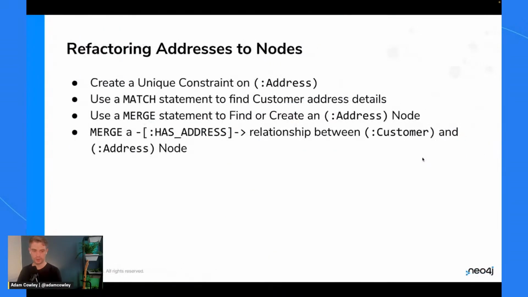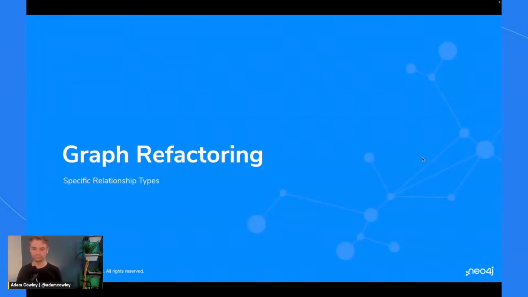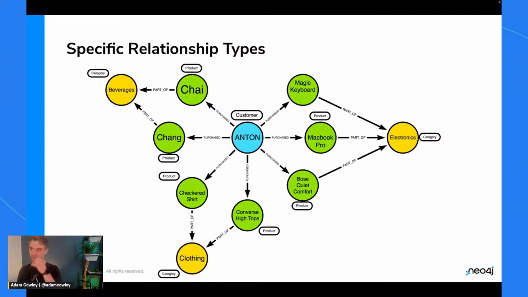Cool. Okay. So I guess I've kind of touched on the specific relationship types when I was talking about the account types. But yeah, let's say, for example, keeping it in the Northwind database, we've got this small graph here of this customer Anton and his purchases.